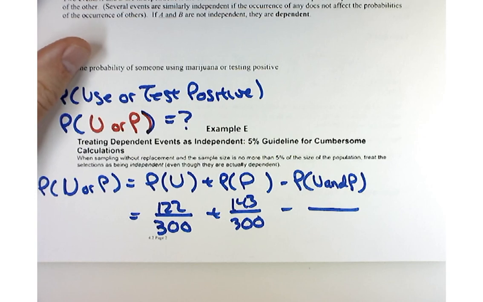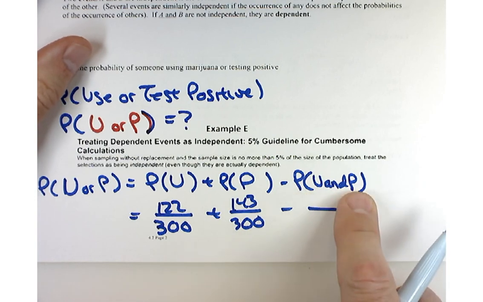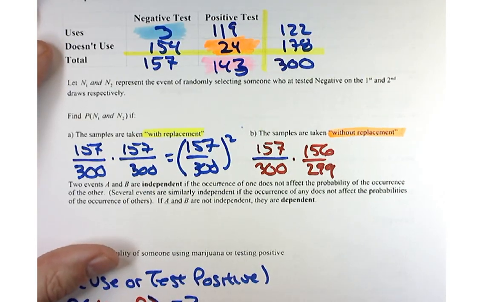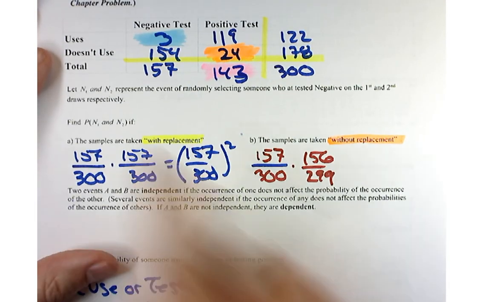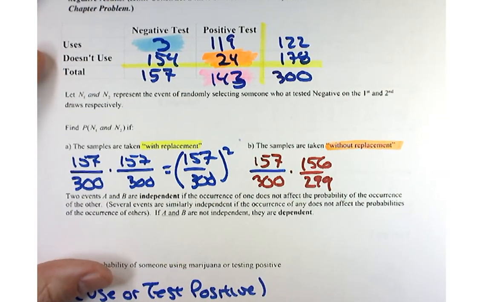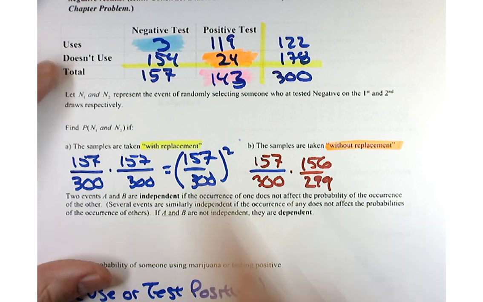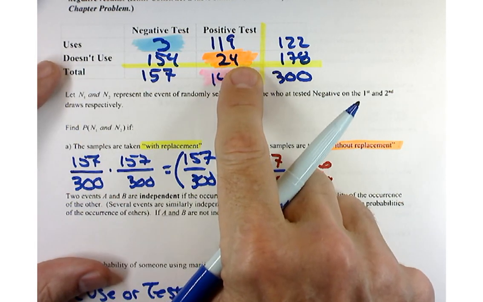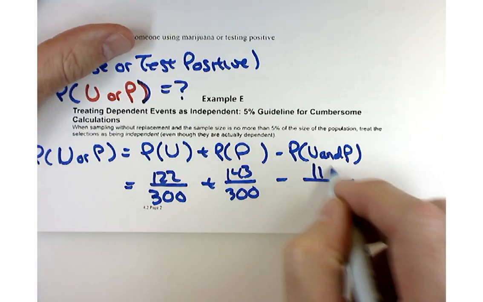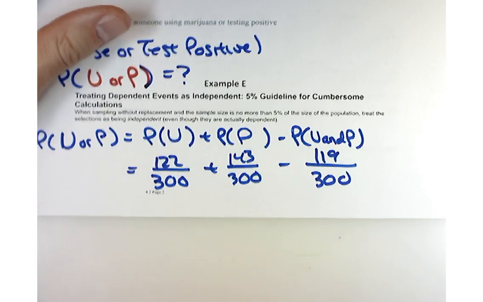Omar, how many people use and tested positive? Use and test positive. So you're looking for the intersection of 2 things here. Those are don't use, right? Yeah, but it should be 1 and 2. Yeah, 119, good. So 119 over 300.